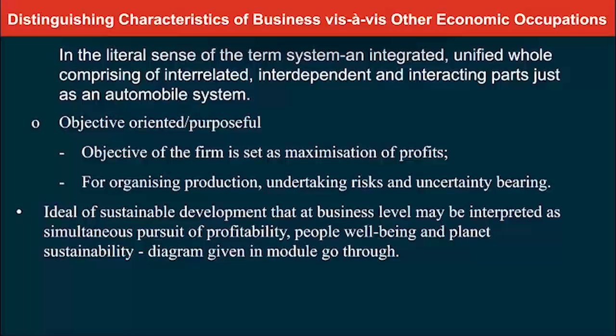It used to be a combination of so many products, and they used to ensure that the land, which is your main key, would not get destroyed in the process. So you have to take care of nature in order for it to take care of you. So you have the simultaneous pursuit of profitability and people's well-being and planet sustainability put together.